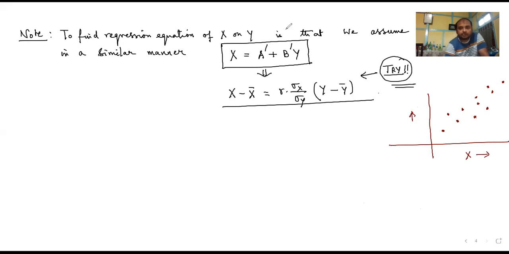Now, if I ask you to draw a straight line, you can do it in various ways. You can assume the straight line in this manner, in this manner, in this manner, in this manner. The line of best fit will be that line where two scenarios may happen.